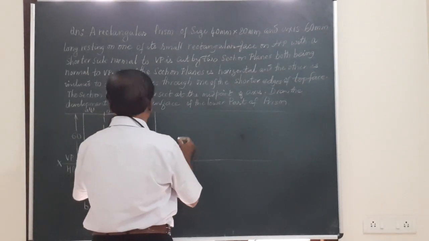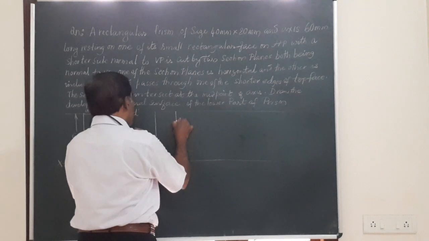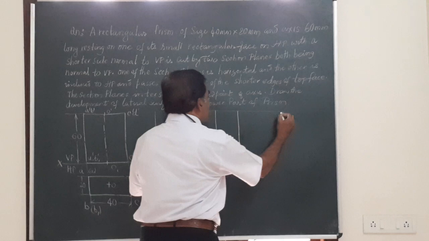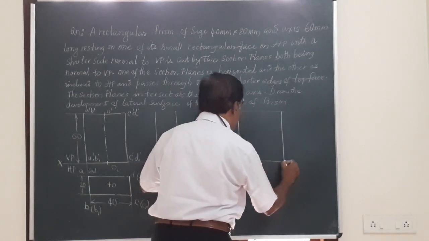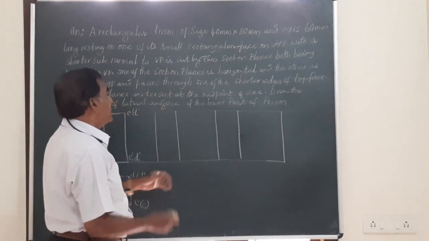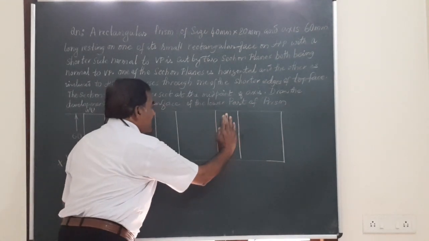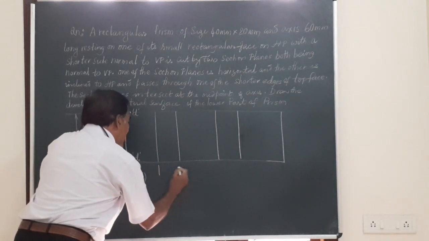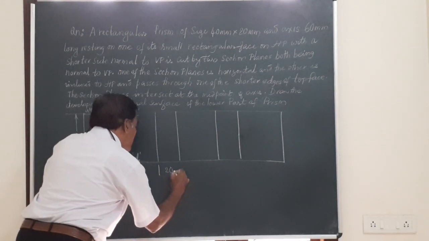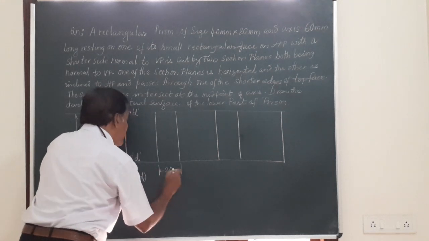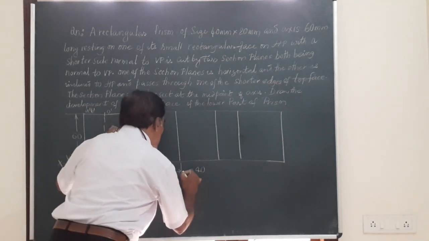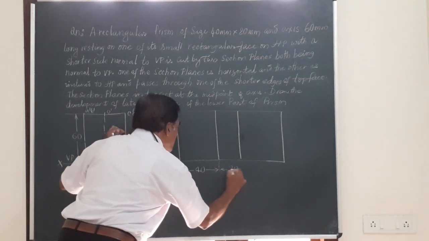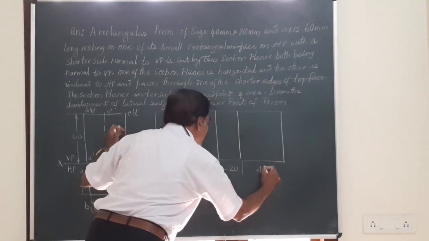If I start on this, this is going to be 20, next you have got 40, next 20, and the other is going to be 40. Here these two rectangles will have the same size and these two will have the same size. I just mark it here as this is 20, the shorter side of the bottom face, this is 40. Likewise, next is going to be 20 and this is again 40.